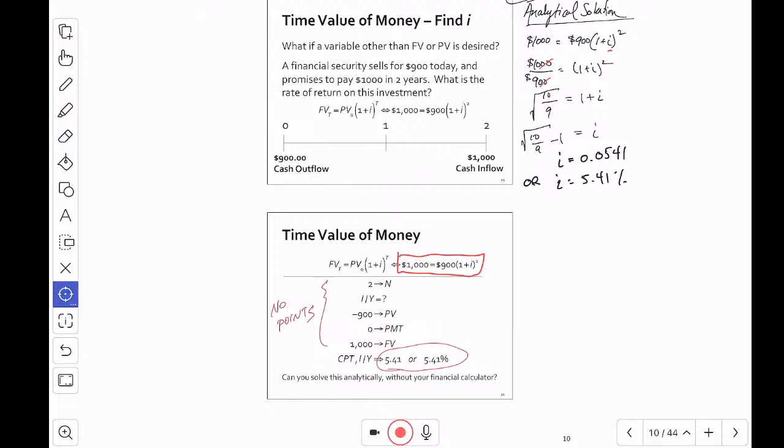Unfortunately, in the last semester, students really resisted using the financial calculator and then they found themselves stuck. You cannot solve the problems I'm going to give you unless you have the financial calculator. Not in the time allotted. You're not going to solve everything analytically. This is a skill you need to have, but it's not going to get you all the answers.